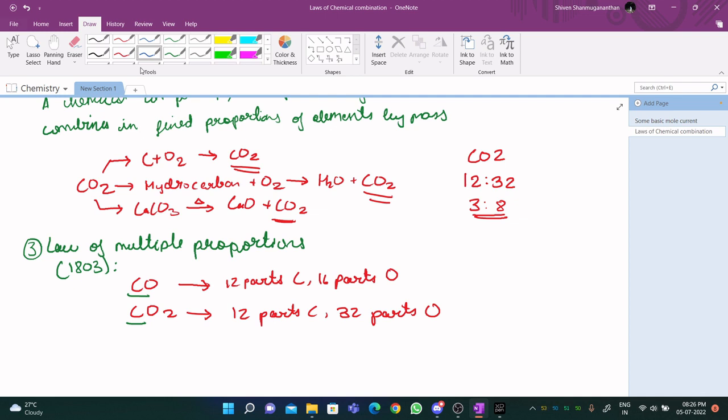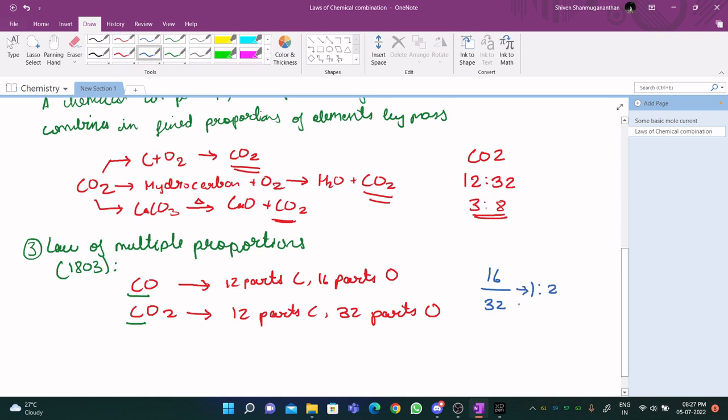All this law is saying is that the ratio of the oxygen in carbon monoxide and the oxygen molecule in carbon dioxide will be a whole number ratio. Mass of O is 16, mass of O2 will be 32. So this will be in a whole number ratio, 1 is to 2.